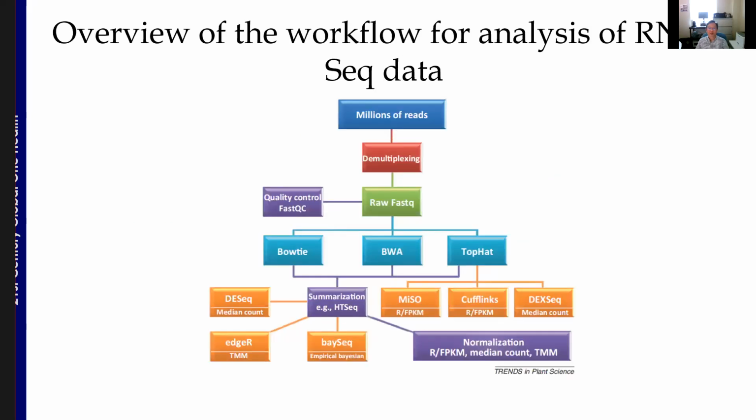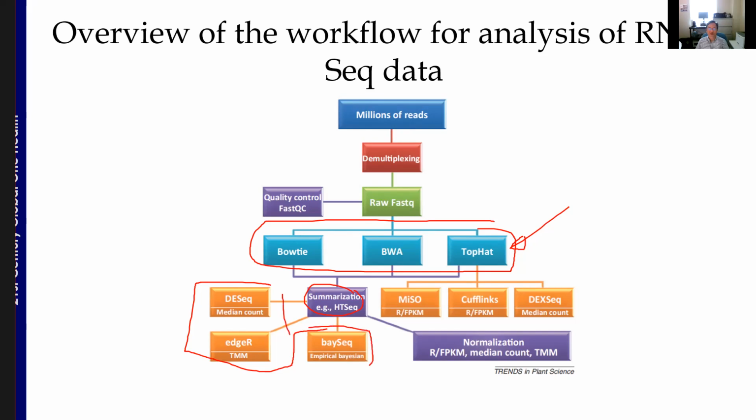Once you have this, after the mapping, there are options of different tools you can use for the mapping. After the mapping, you have to summarize the data to compare between species, for example, and between different samples. And then you have a differential expression analysis. There are different tools you can use.